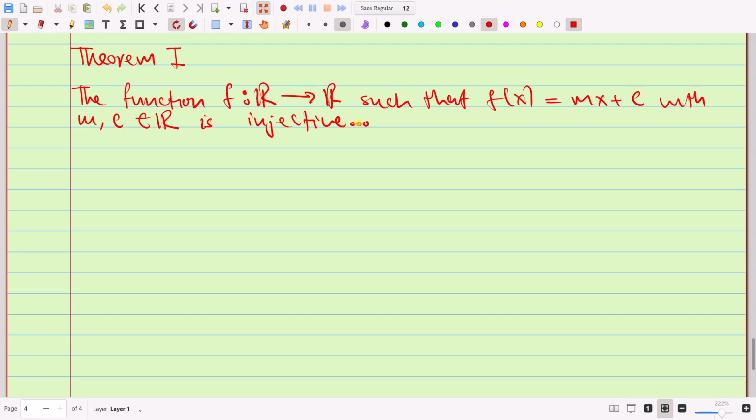One of the things you should always know is that a linear function like the one shown here is an injective function. So how can we prove this? The proof of this result is quite simple.